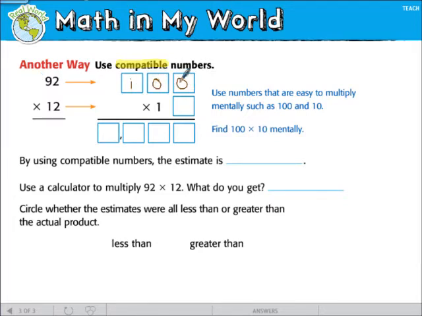And we're going to take 12 and round that to 10. Now how many zeros do I have? 3. So I put all my zeros down and what's left? 1 times 1, which is 1. When we use compatible numbers, the estimate is 1,000.